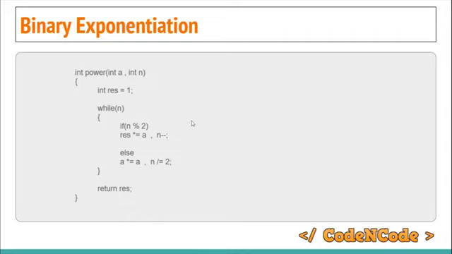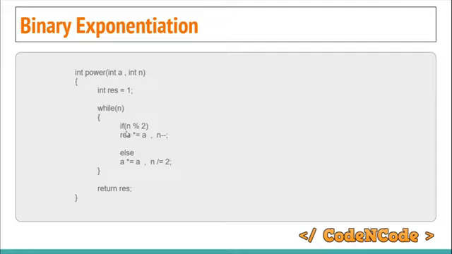And it is having a complexity of log n because at most every second operation power gets reduced by half. In fact, you can make it in such a way that in every operation power gets reduced to half.